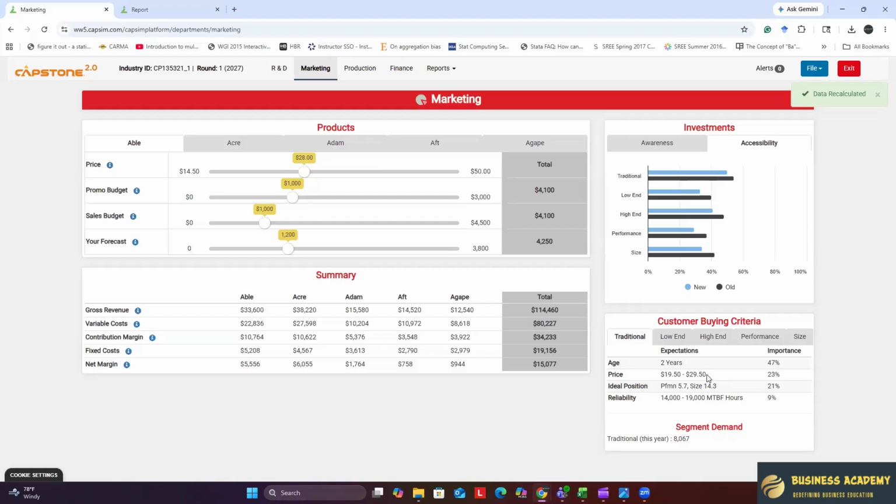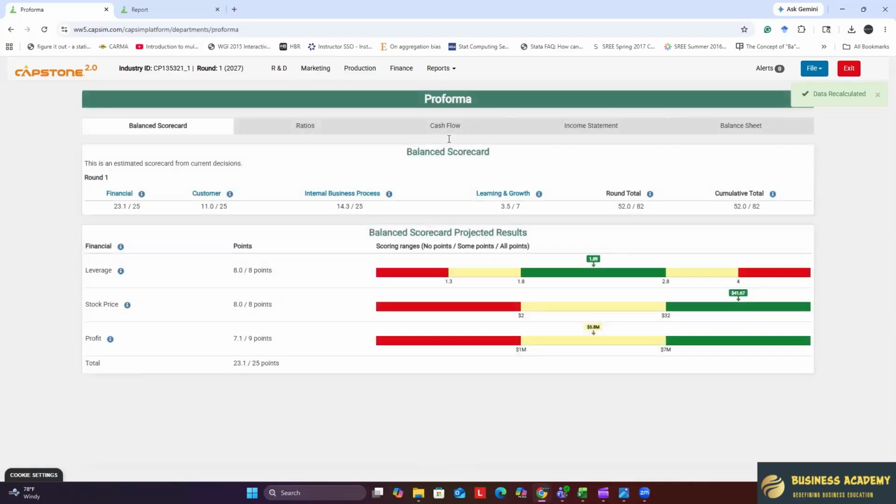Before you get to the pricing aspect, one of the things that you need to understand is what your performance is being measured on. For that, you need to look at your pro forma balanced scorecard. The balanced scorecard is what we use to say how many milestones you met. When you look at your financials here, these are the aspects: your profit, your stock price, your leverage, and so forth.